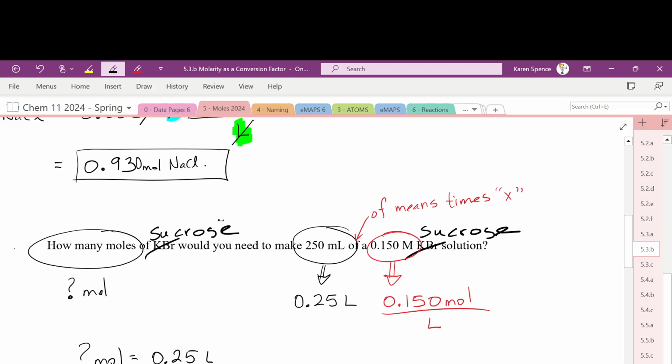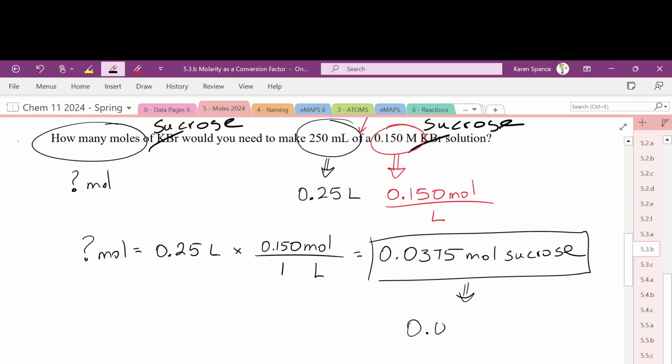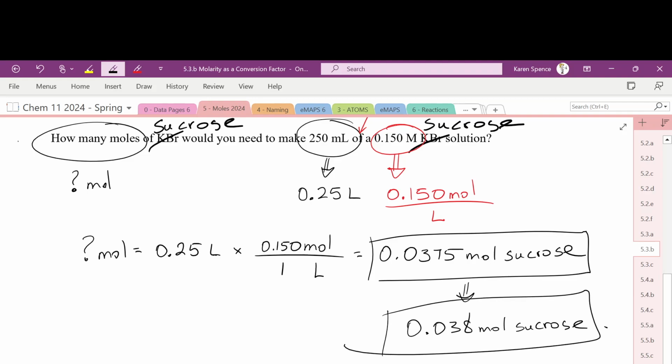Did you get 0.038 moles? Or are we still working on it?